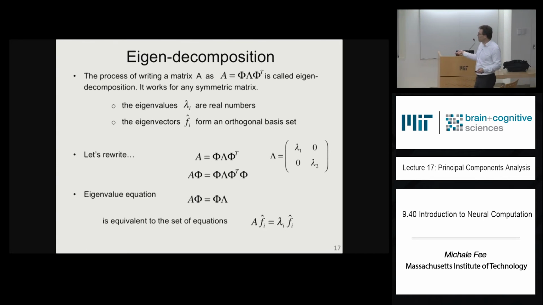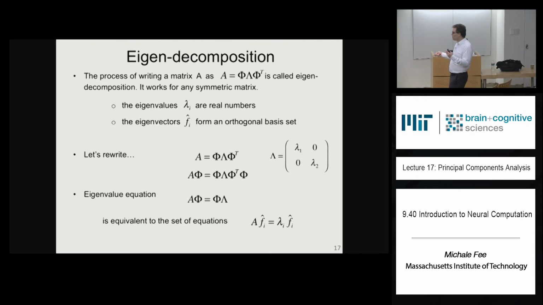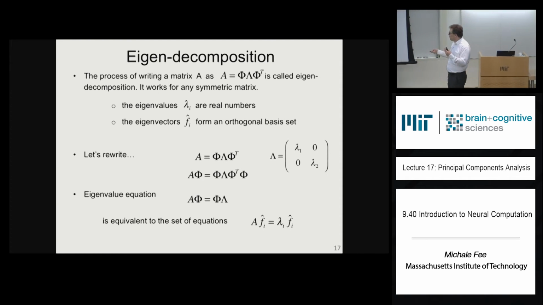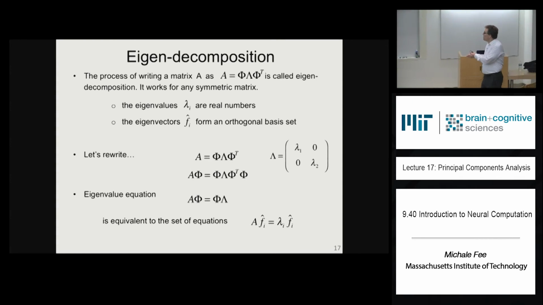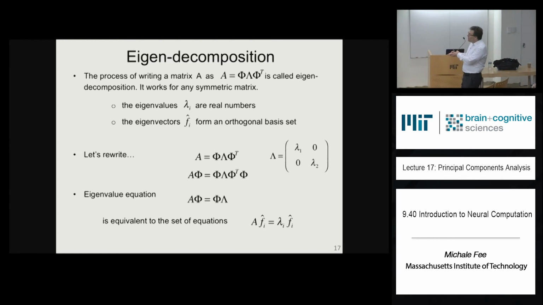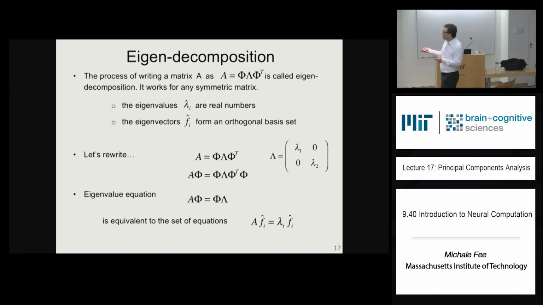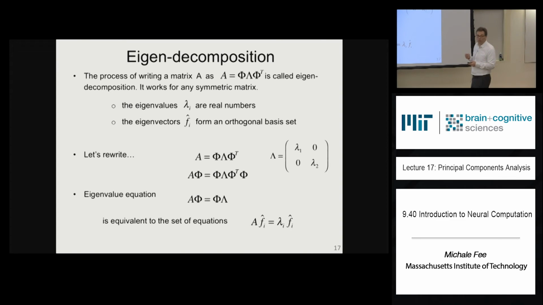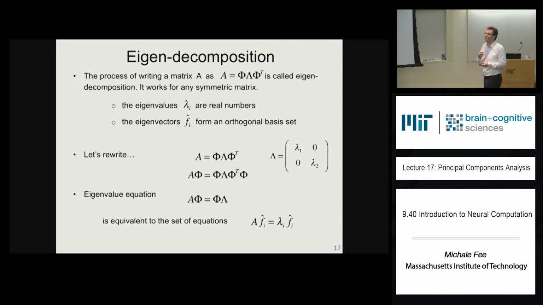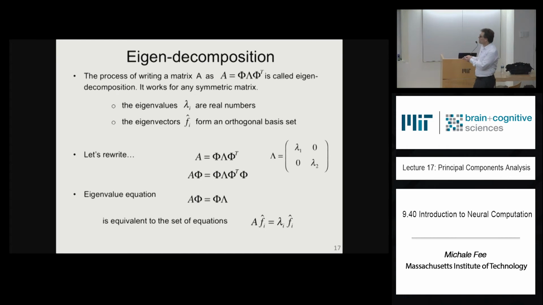Remember we wrote down this eigenvalue equation that describes that when you multiply this matrix A times an eigenvector, it equals lambda times that eigenvector. This is equivalent to writing down this matrix equation. You'll often see this equation to describe the form of the eigenvalue equation rather than this form. Why? Because it's more compact. Any questions about that?